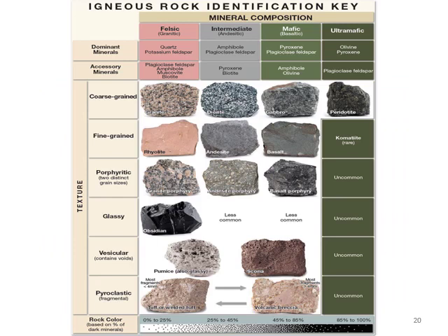Based on the texture and mineral composition, there are various forms of the igneous rocks. Like granite is an example of a coarse-grained igneous rock which is rich in quartz minerals. Whereas diorite is an example of another coarse-grained igneous rock which is rich in amphibole minerals.